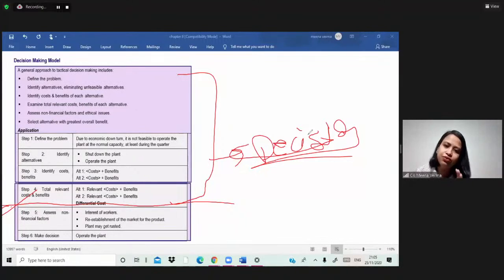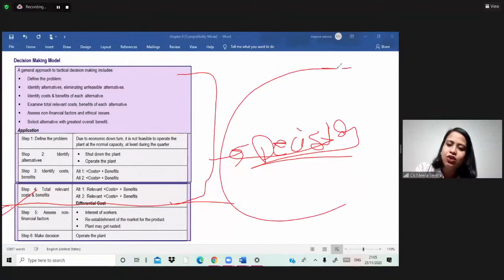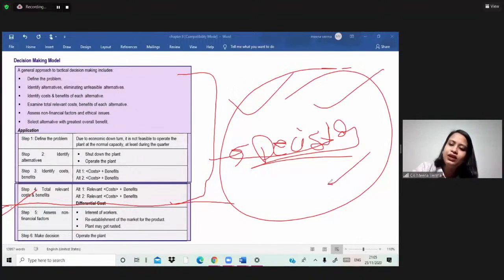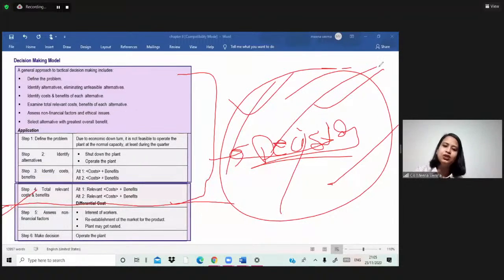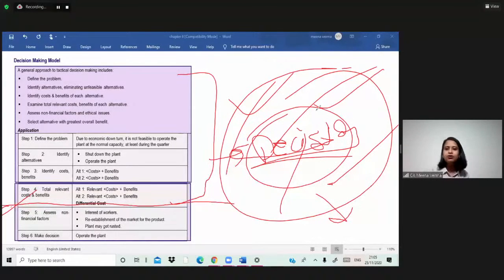For example, the cost you are incurring for the entire organization: if you are talking about a particular proposal, you don't need to consider the cost of the entire organization. I hope it is clear.